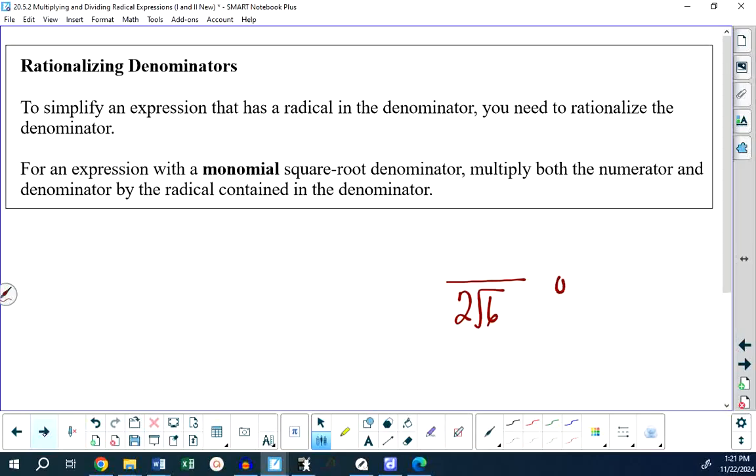Or root 5 is a monomial. But not where you have a denominator like 2 plus root 5. That's a binomial, which we'll deal with on Monday. If there is a monomial square root denominator, you multiply the top and the bottom of the fraction by the radical that's contained in the denominator.